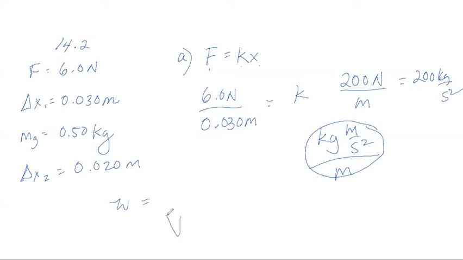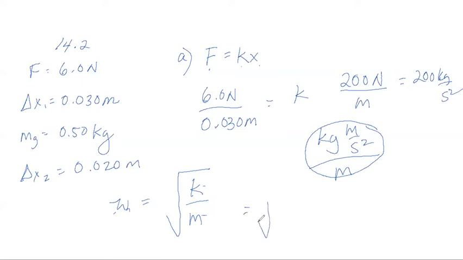In part B, we are supposed to solve for the angular frequency omega. That's going to equal the square root of K over M. More M and omega is slower, more K and omega is faster. That makes sense. The stiffer spring is going to give the faster angular frequency, and more mass is going to slow it down.